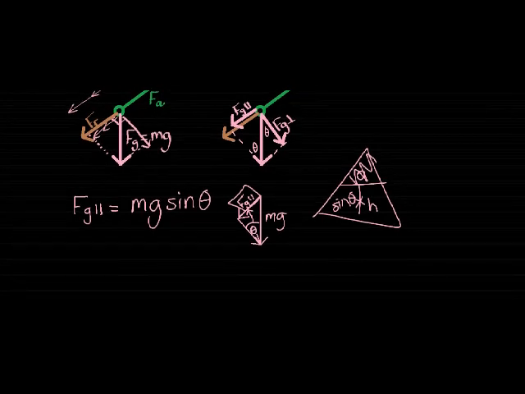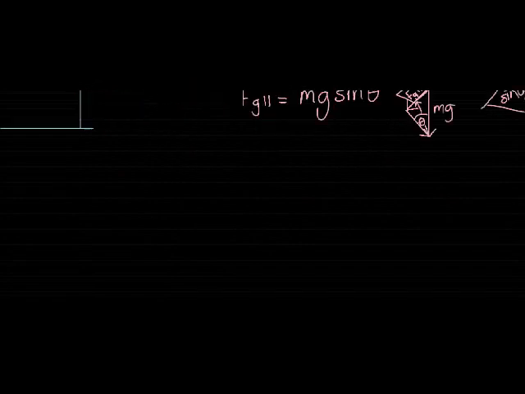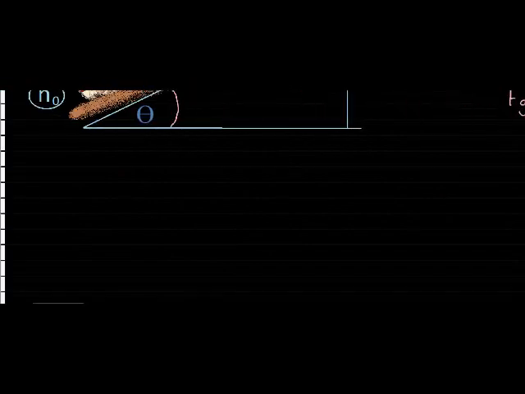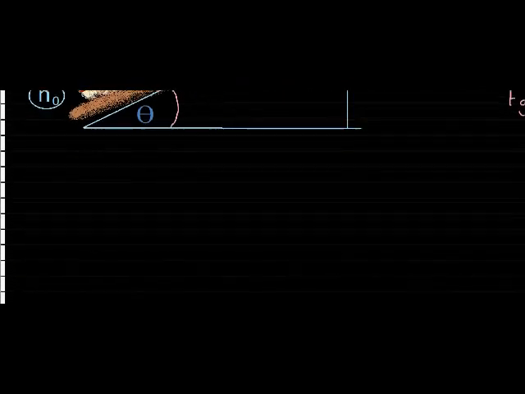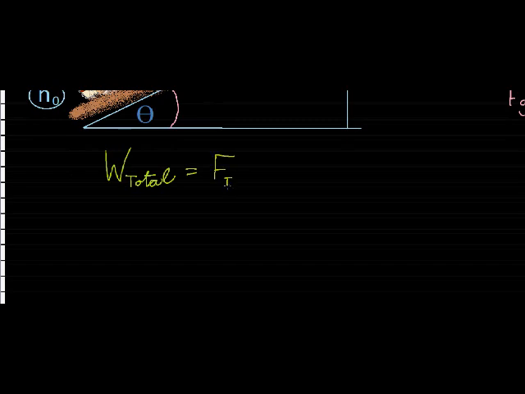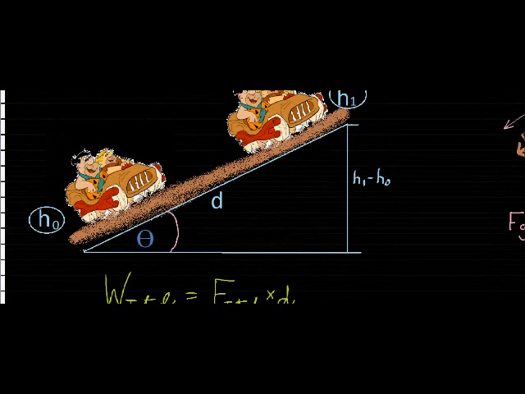Now, putting all this together, let's go to our picture. What is the total work that Fred and Barney are doing? The total work means we must take all of the forces, the total force, multiplied by the distance that they travel. We say the distance from here to there is the value d.